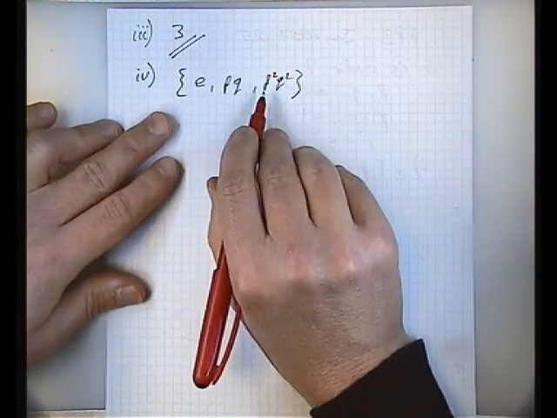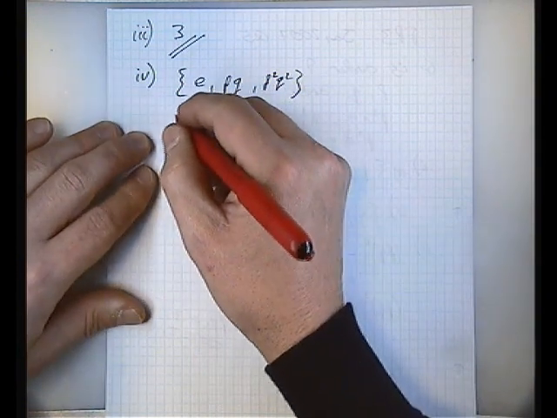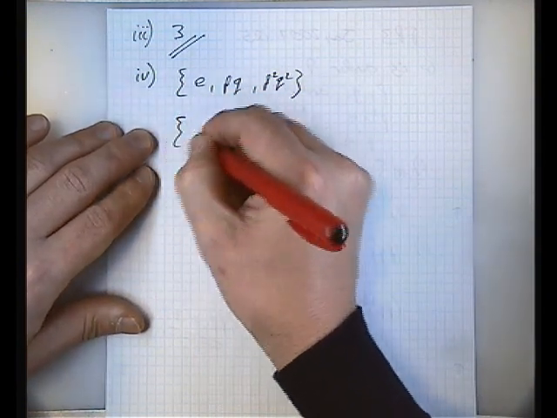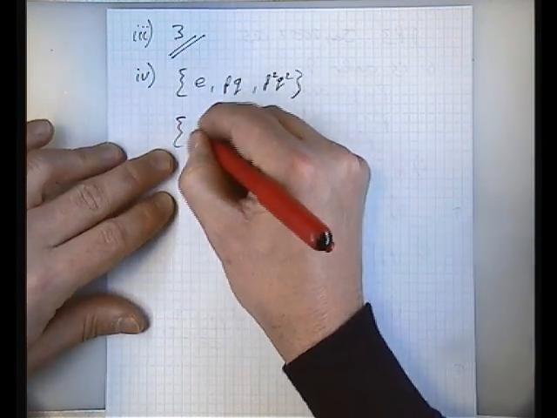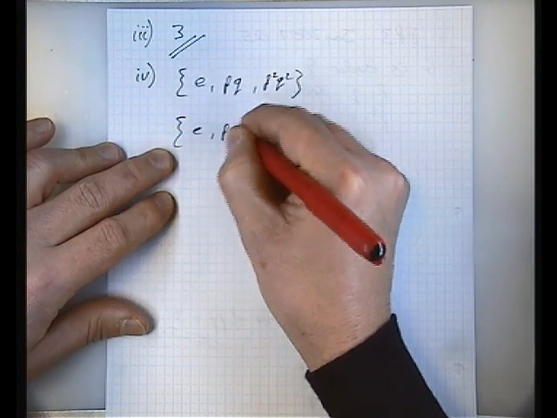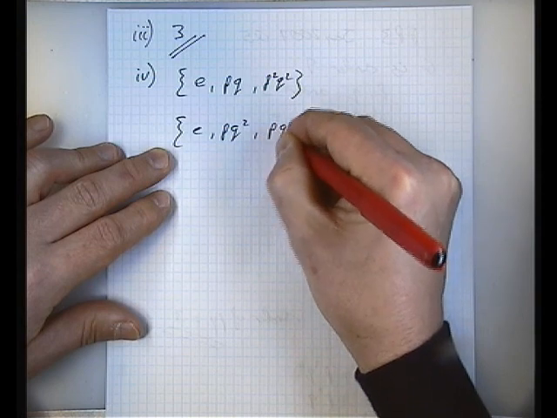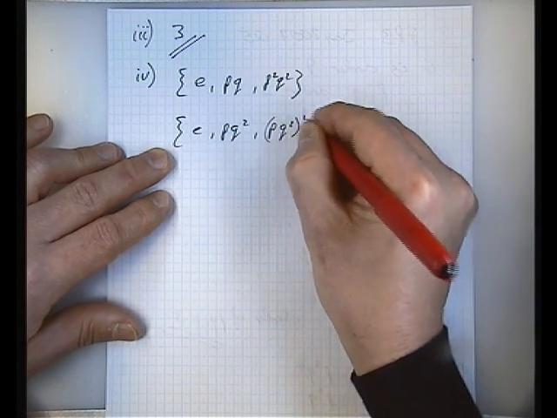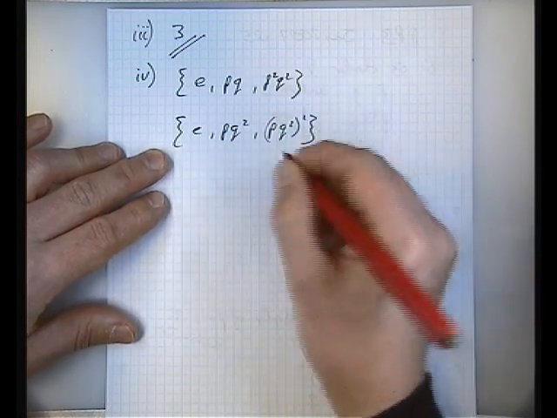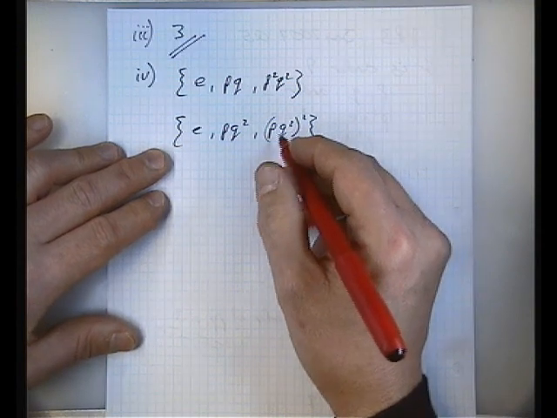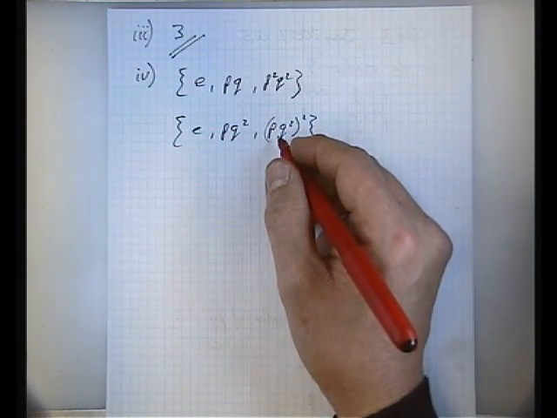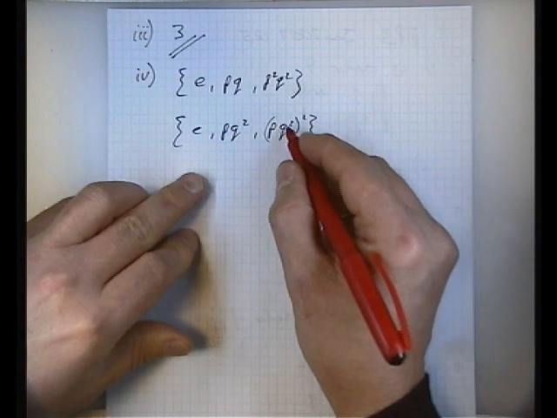So we can just write down here PQ and P squared Q squared, and that's the first nice little cyclic subgroup. And then the second one, we'll go with this one, which is E again, then PQ squared and PQ squared all squared. But they did ask us to simplify these, so we're going to have a look and see whether we can simplify this one.